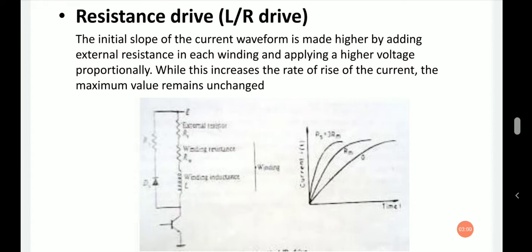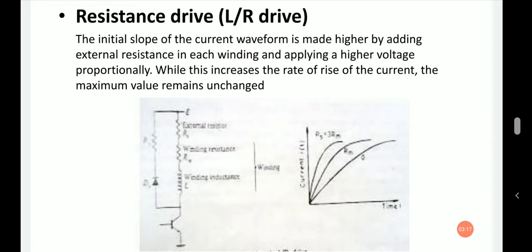In order to reach the same steady state current IR as before, the voltage required to be applied is much higher than before. Voltage requirement is much higher.